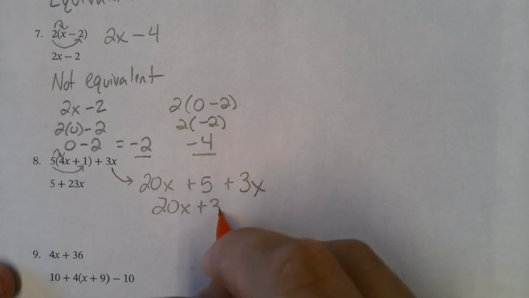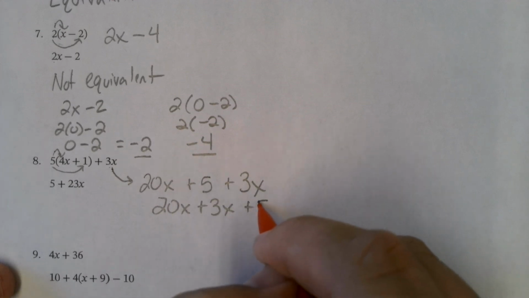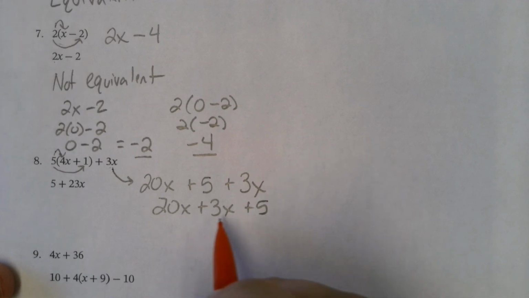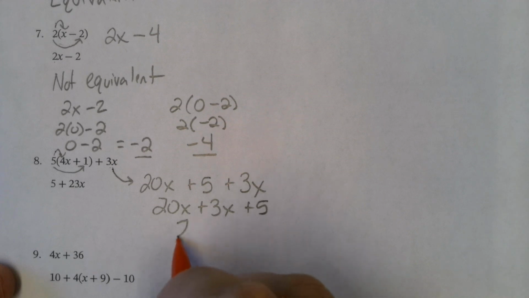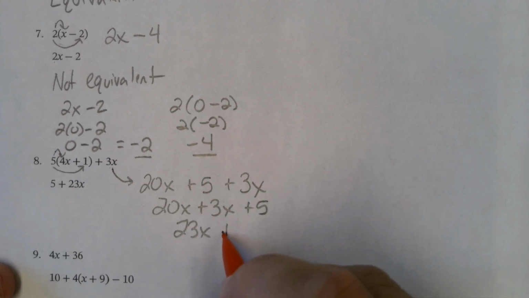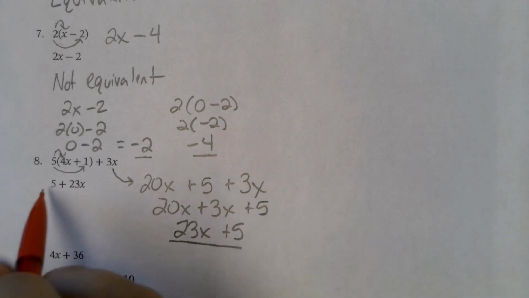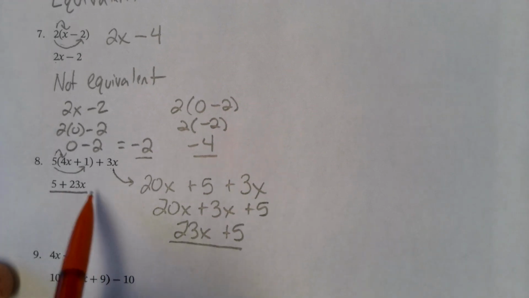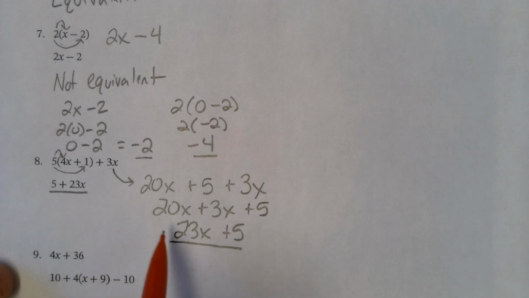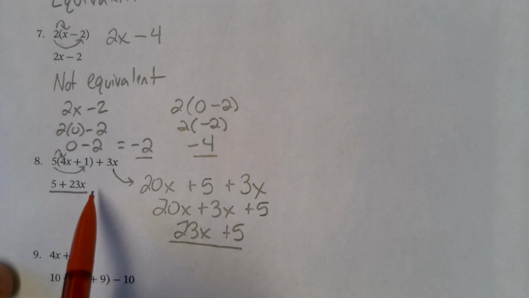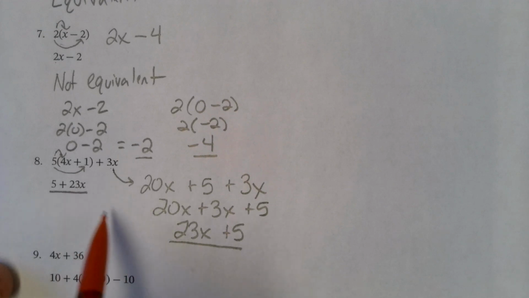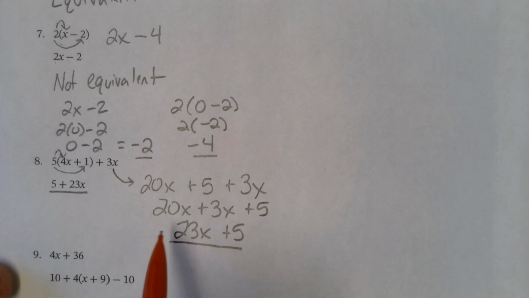If I rewrite the 3x and the 5, that's your commutative property right there. And 20x plus 3x is 23x plus 5. And 23x plus 5, 5 plus 23x, these are just written in opposite order of each other. So that would give me a commutative property in terms of rewriting this.